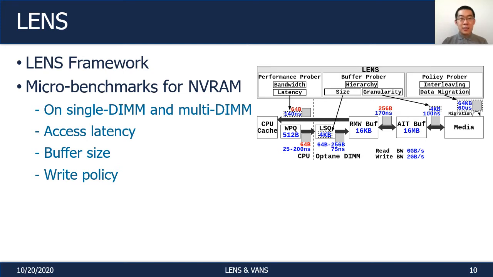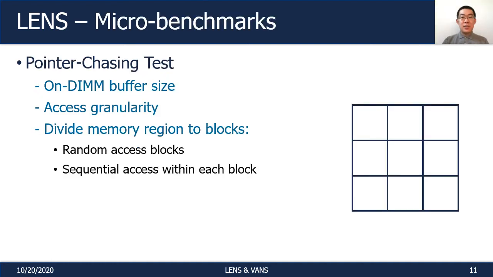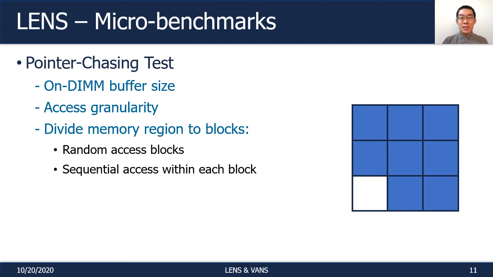These micro-benchmarks discover the access latency, buffer size, write policy, and many other architecture-level details. Lens first uses a pointer chasing test to detect the on-DIMM buffer size and their access granularity. A pointer chasing test is a random-based memory access test. It divides a memory region into equal-sized blocks and accesses these blocks in random order. It uses sequential access within each block.